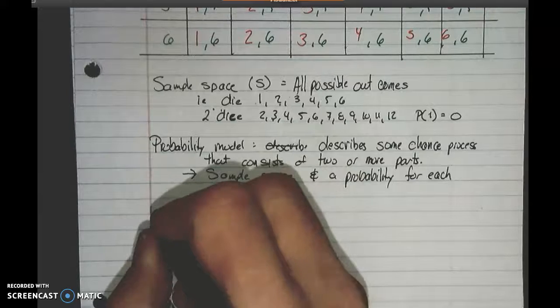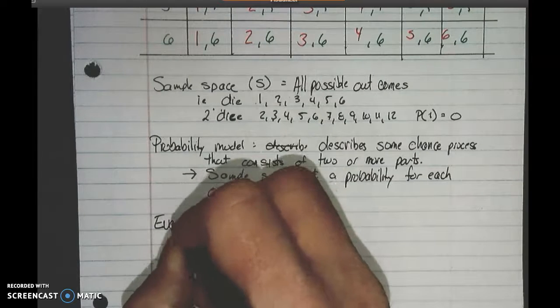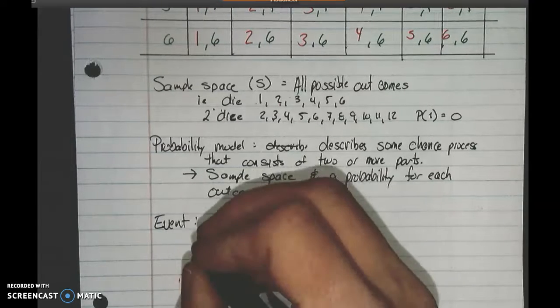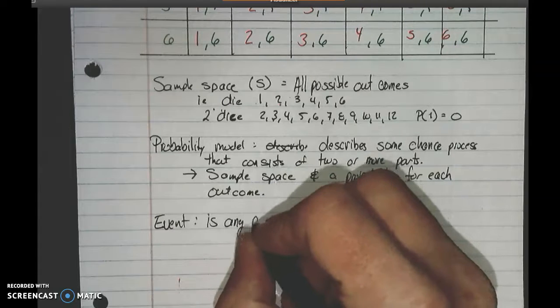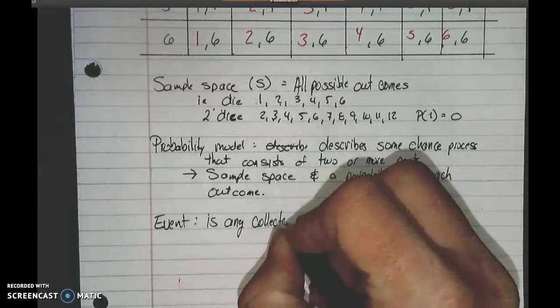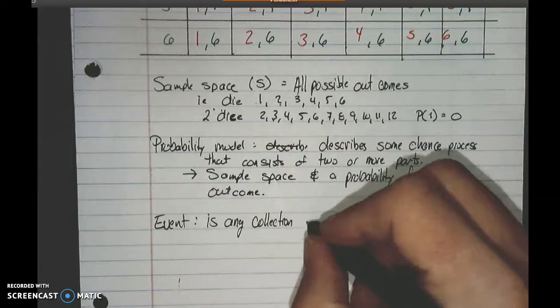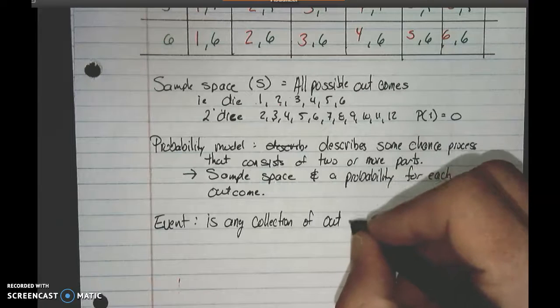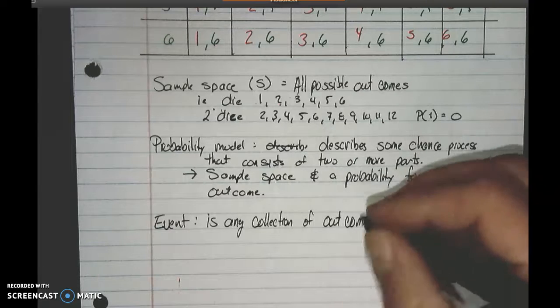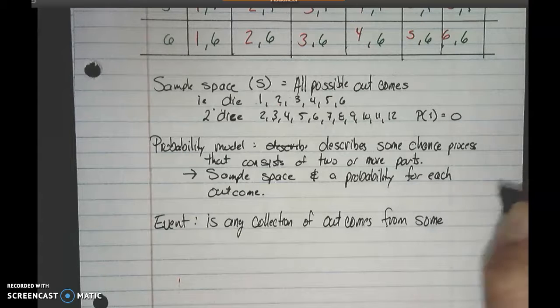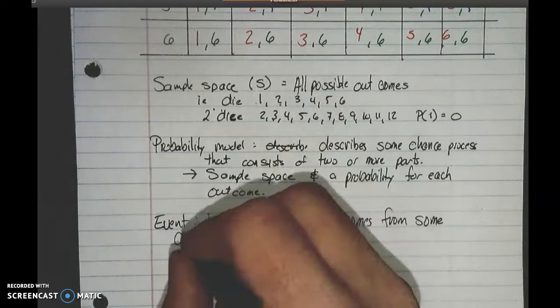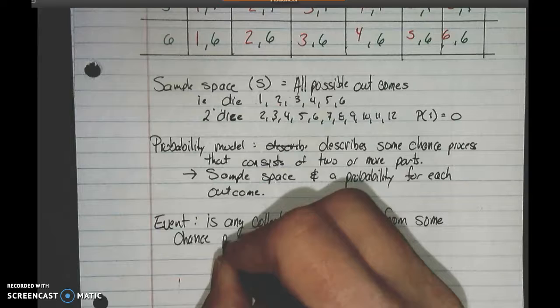And then the last thing we've got to talk about today, and then we get to roll some dice, is an event. An event is any collection of outcomes from some chance process.